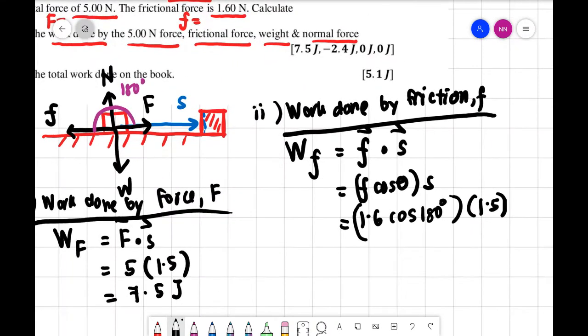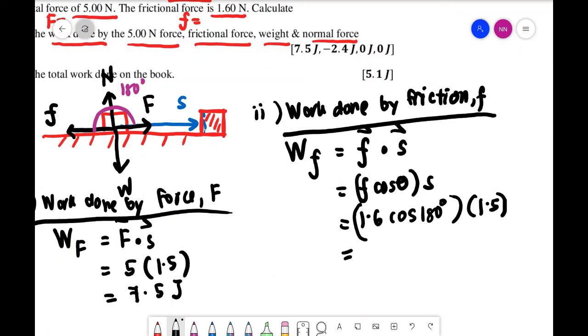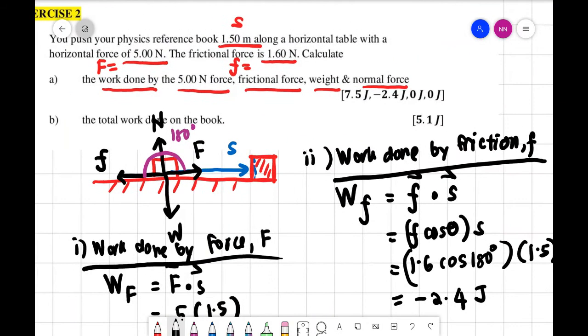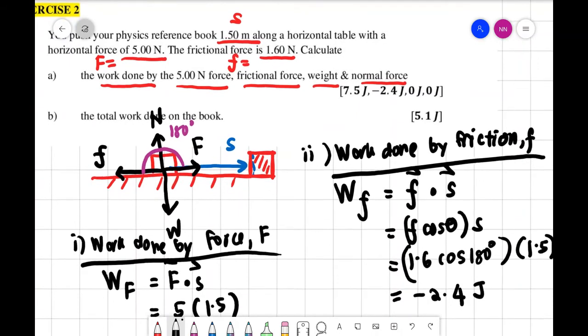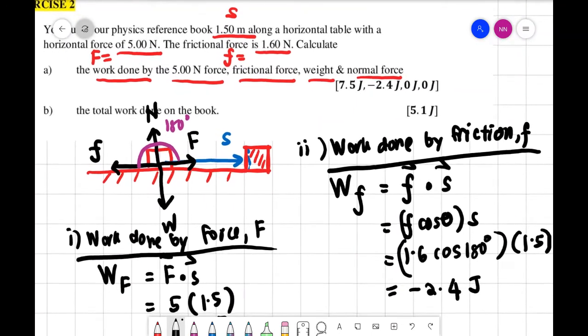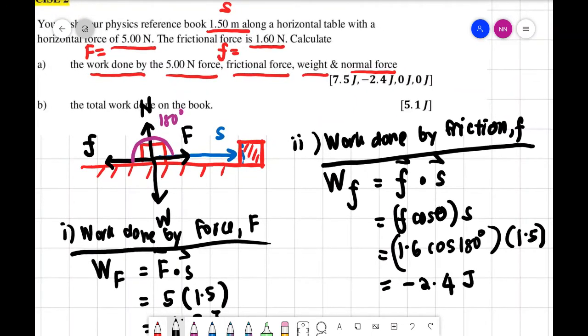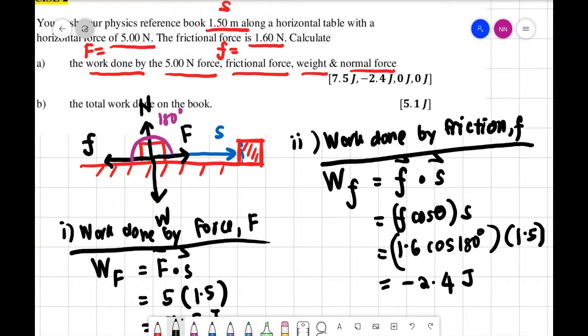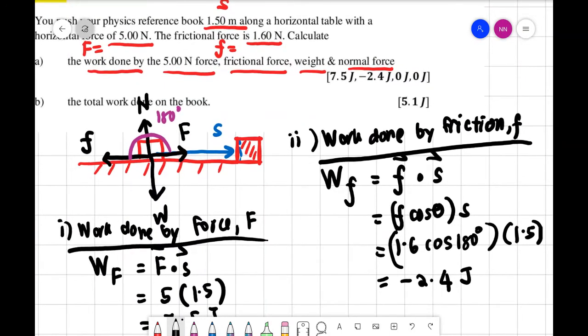So work done by friction is negative 2.4 joule. Negative because work is done by the book to overcome the frictional force to move to the right 1.5 meter.